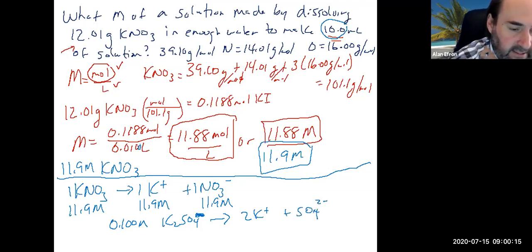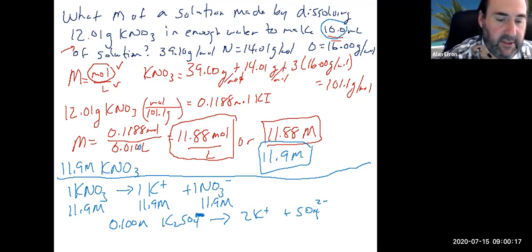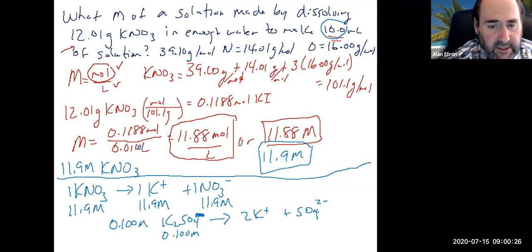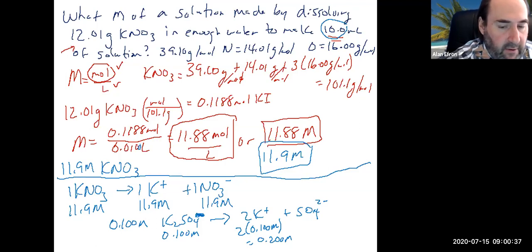And if we were interested in just the concentration of the ions, if this was 0.1 molar, the potassium is now a 1-to-2 relationship, which means the concentration would be 2 times 0.1 molar, which would give you 0.2 molar for our potassium. But between the whole thing and sulfate, it's a 1-to-1 relationship, which means the concentration of just the sulfate ion would be 0.1 molar.